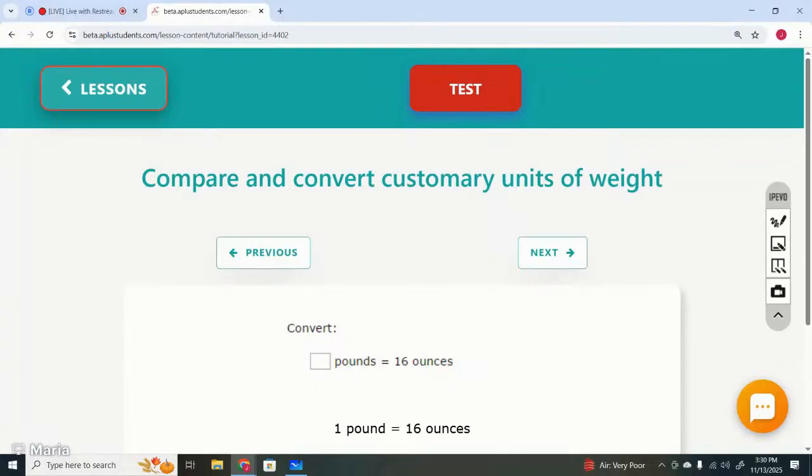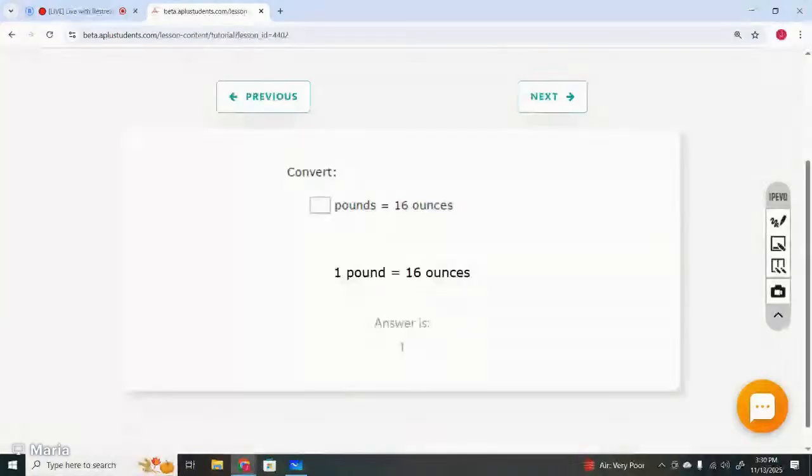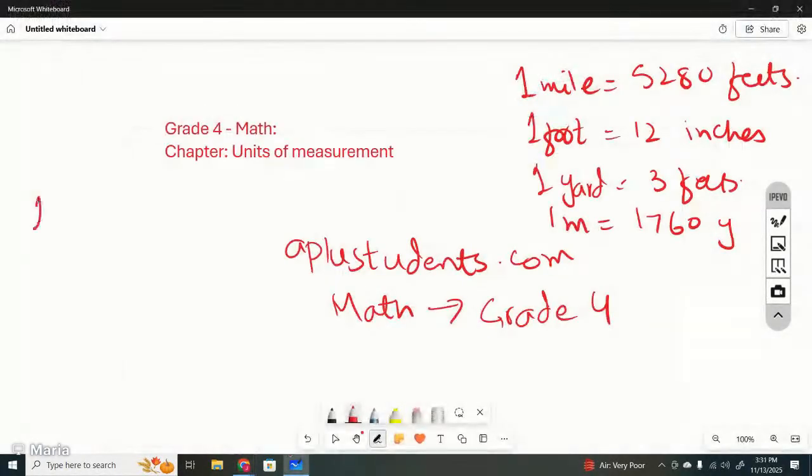So the units of weight now. The very basic unit for weight is 1 pound equals 16 ounces. That is the very basic unit. 1 pound equals 16 ounces, right?